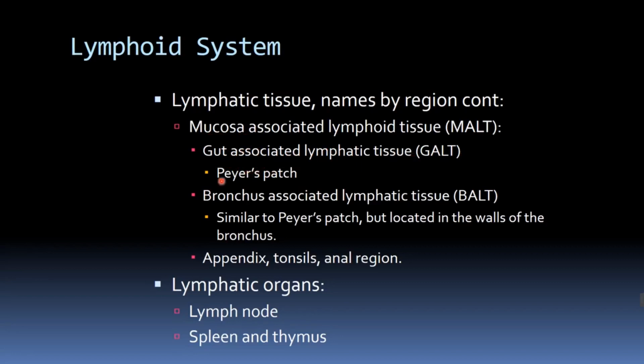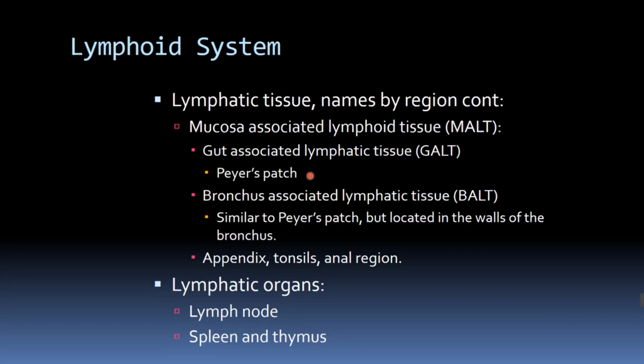The perfect example is what we call Peyer's patch, located within your small intestine, in a specific region we call the ileum. In fact, the amount of diffuse lymphoid tissue found within the ileum allows us to use that as a key ID for that specific region. It makes life so easy when you want to identify where you are within the small intestine.